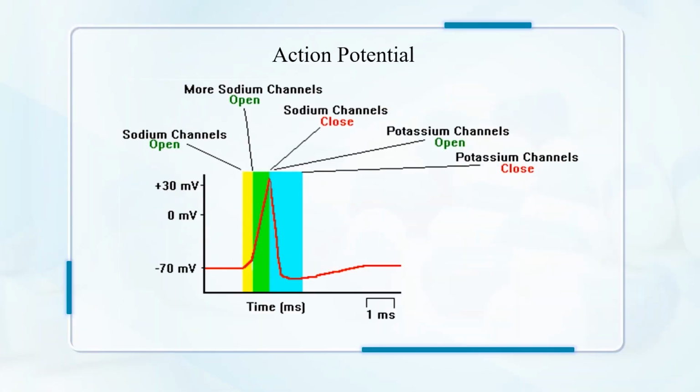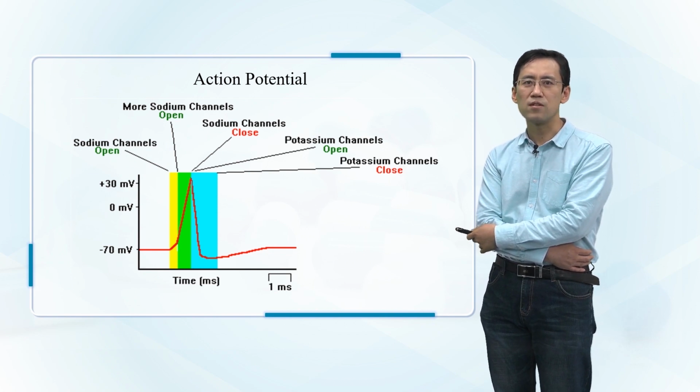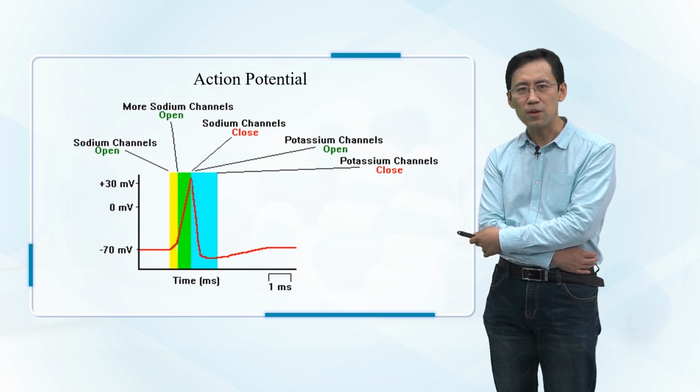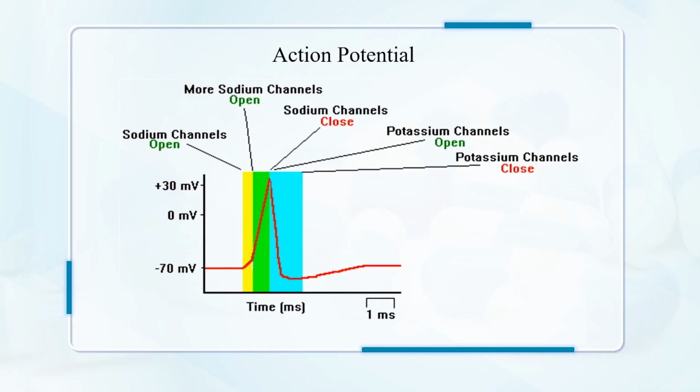So let's see the whole process of the action potential, from the resting potential to the action potential, and the repolarization stage. The yellow color is the depolarization stage. The sodium channels opened, and more sodium channels opened, which makes the overshoot up to around 30 millivolts, and that's the green stage.